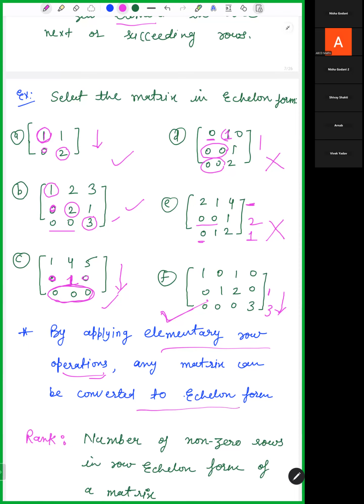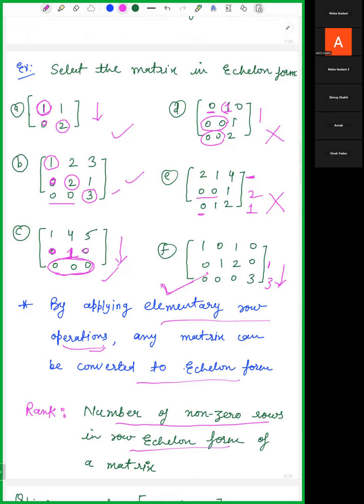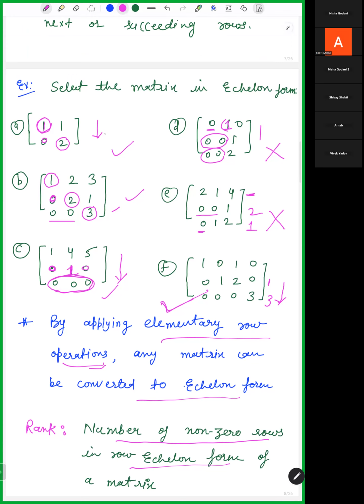So if you have converted a matrix to echelon form, then what will be the rank? Rank will be the number of non-zero rows in a row echelon form. The number of non-zero rows in echelon form will give you the rank. So in this matrix A, you can see that this is in echelon form. How many non-zero rows are there? There are two non-zero rows. So it has rank 2. This B matrix has rank 3. It is in echelon form.